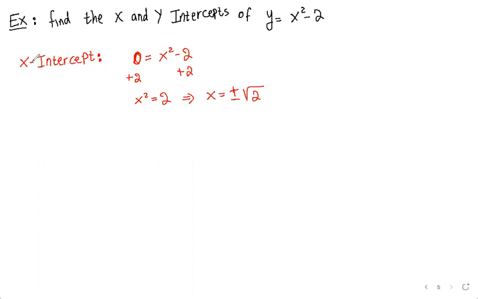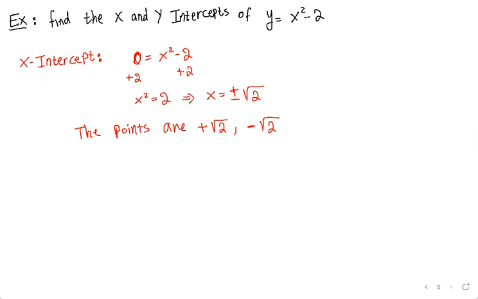So we have two intercepts. The first one is positive square root of 2, and the second one is minus square root of 2. So the points are positive square root of 2 and negative square root of 2.